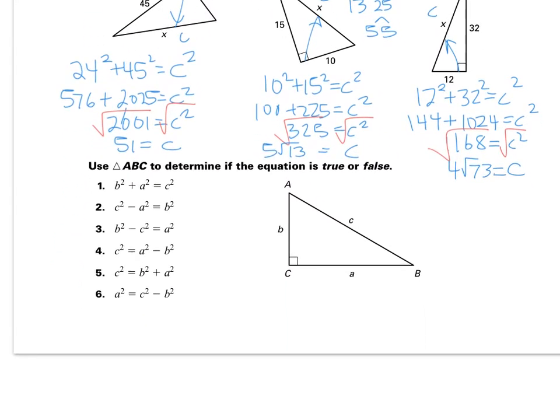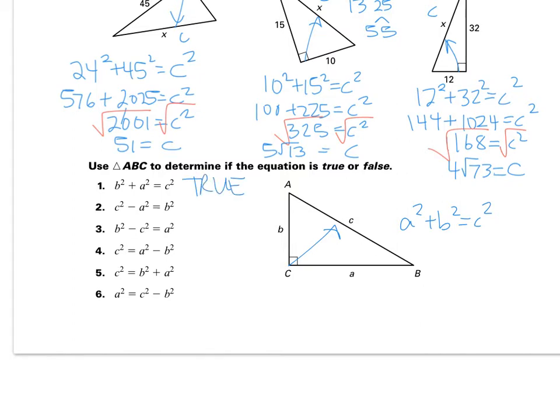Okay, we're going to find in these examples forms that are equivalent. So again, our standard form is... just because the b squared is written first, this will still be true.